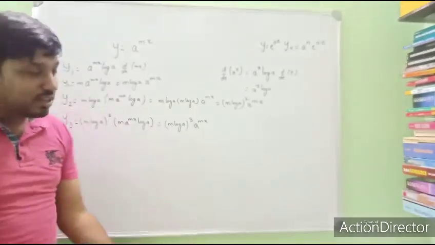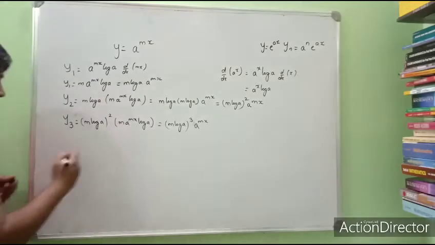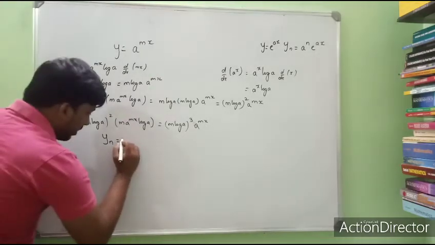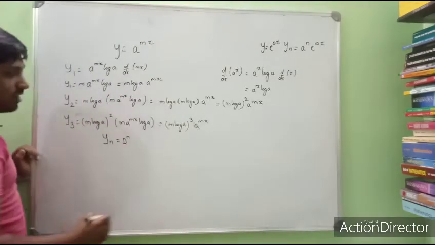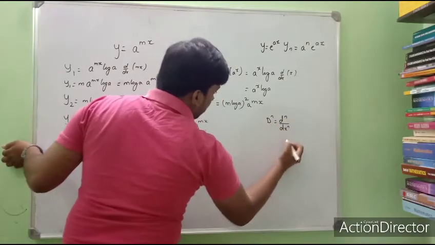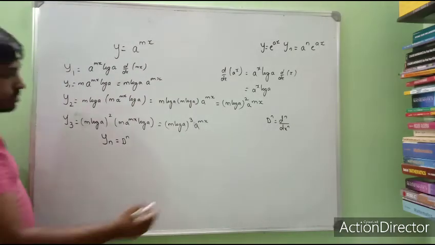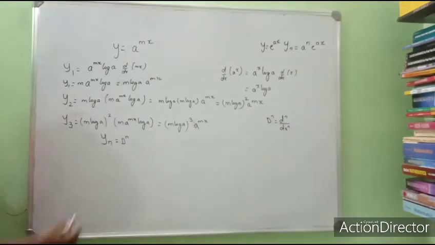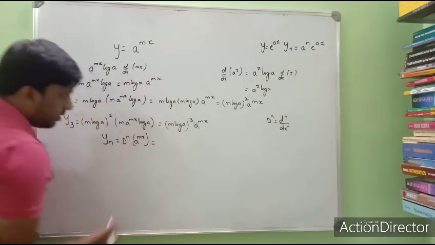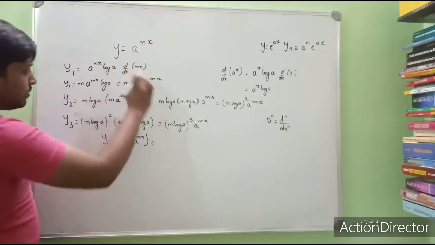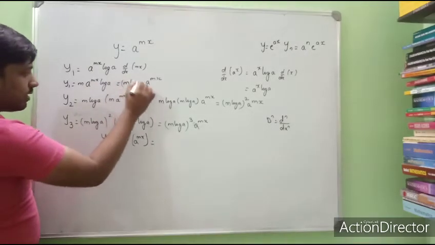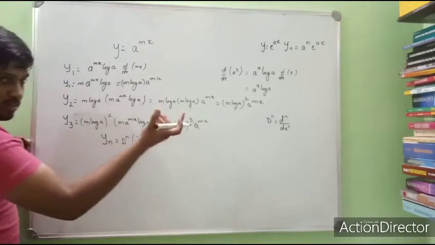So what is the general nth derivative of this function, that is y is equal to a to the power of mx? We can write yn, or we can take it as Dn. Dn, that is d n by dx to the power of n, means the nth derivative we are speaking about. Instead of writing this, we can write Dn also. So Dn of a to the power of mx is, just replacing this, the increment number, that is m log a power is increasing as 1, 2, 3 and so on.